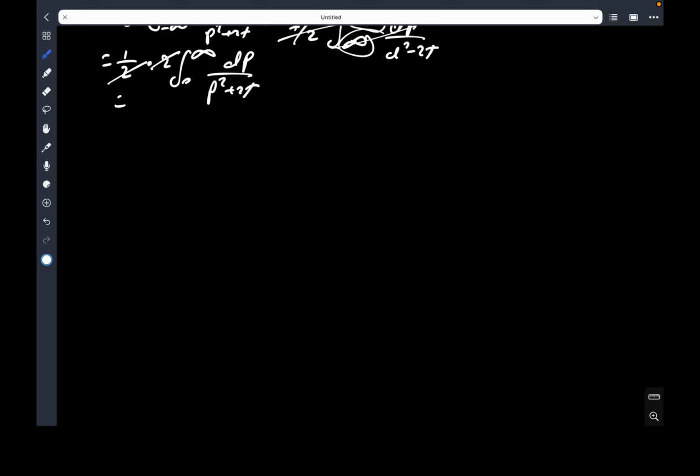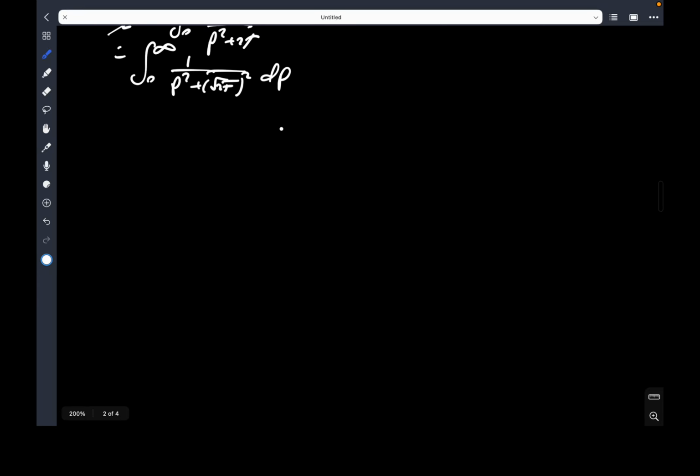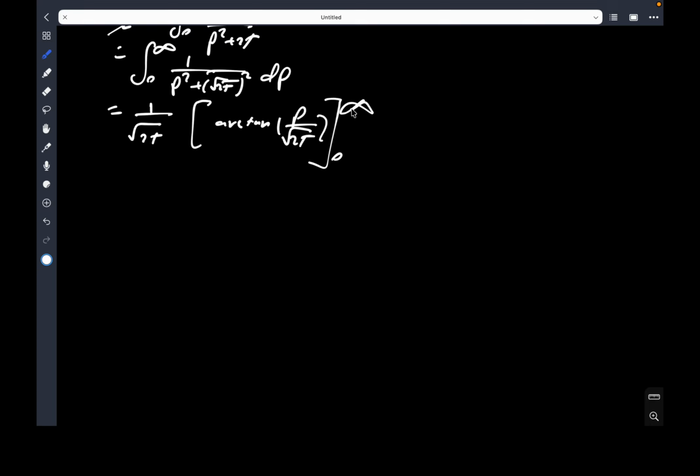I can also write this thing, because I want to have it as an arctan, as 1 over p squared plus root 2t squared dp, which, if I take the integral of that, is going to be 1 over root 2t arctan of p over root 2t, from 0 to infinity.